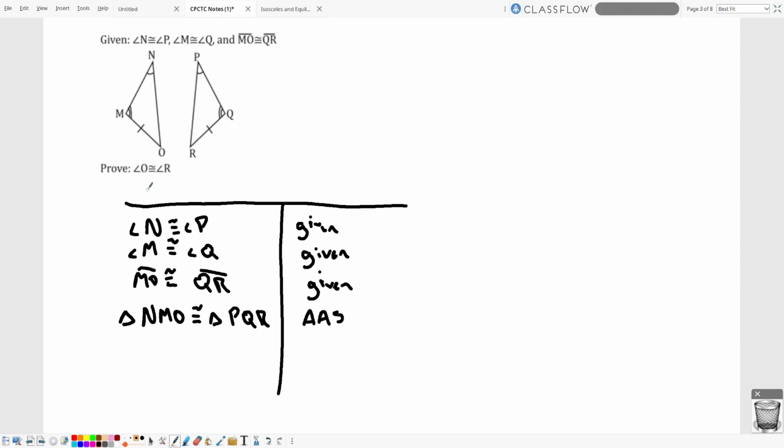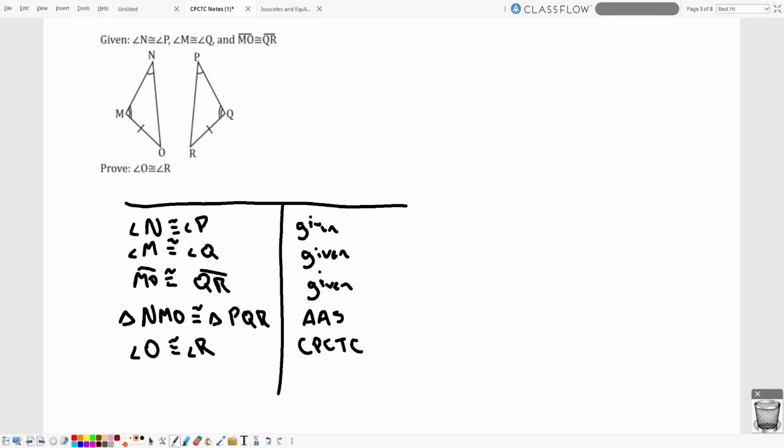So I'm trying to prove that angle O is congruent to angle R. Well, because I've now been able to say that NMO is congruent to PQR, O and R are corresponding. They are in the same location. They go with each other. So that means that angle O is congruent to angle R by CPCTC.